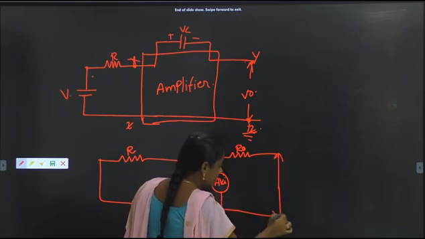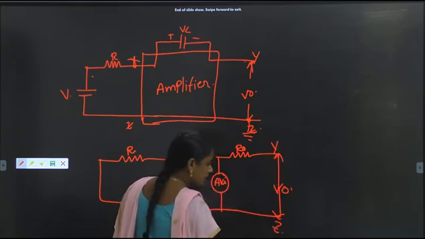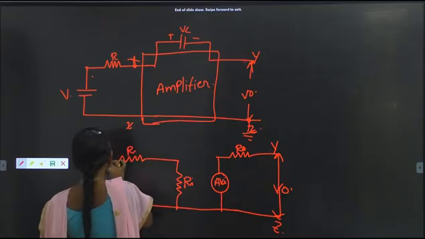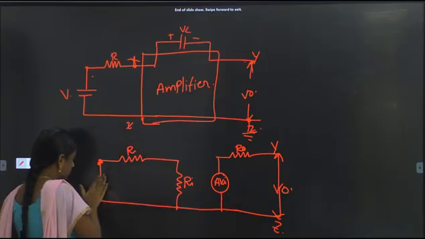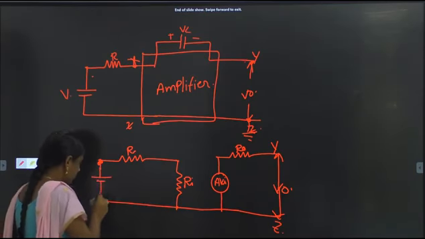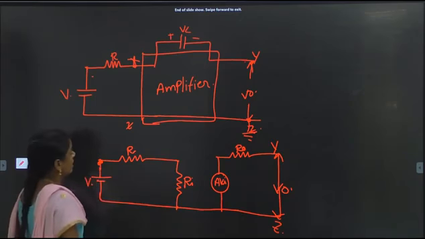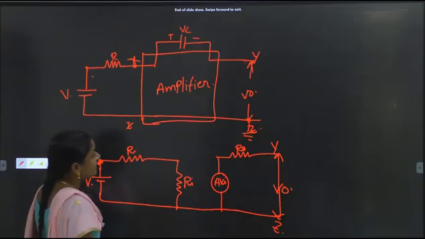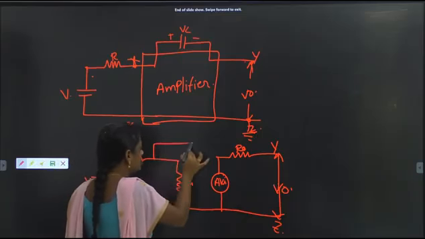Let us take it as V0. This one is YZ. And here this one is voltage V, and here there is a capacitor in between X and Y. So I am just connecting a capacitor in between these two.